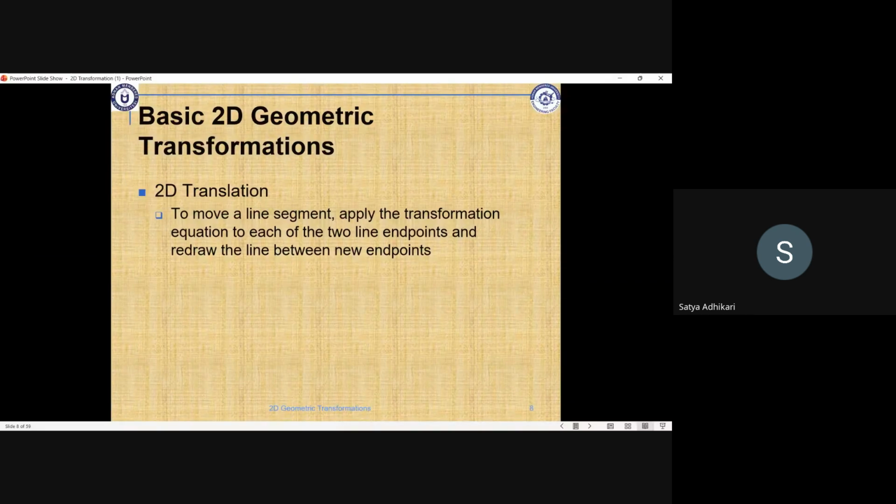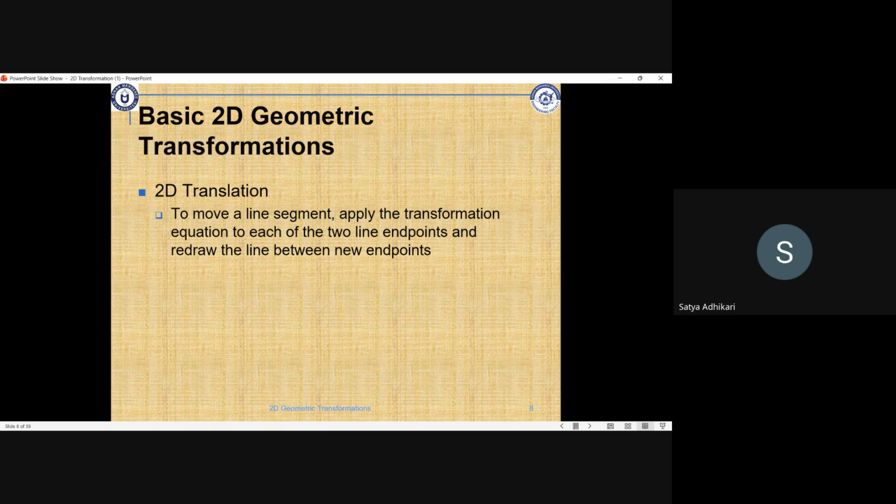You only need to apply the translation equation to the endpoints. So now the two endpoints get their new positions, and then redraw it, and you will get a new line.